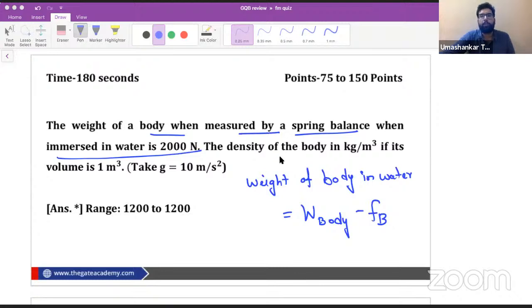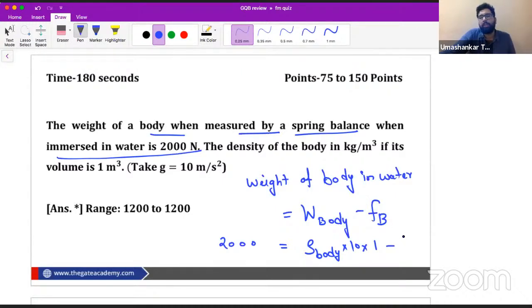Now what is the force of buoyancy? It is the weight of the liquid displaced by the immersed portion. The weight of the body in water is given as 2000. The weight of the body is density of the body times gravity times volume, and the volume is given to be 1 meter cube, minus the force of buoyancy.